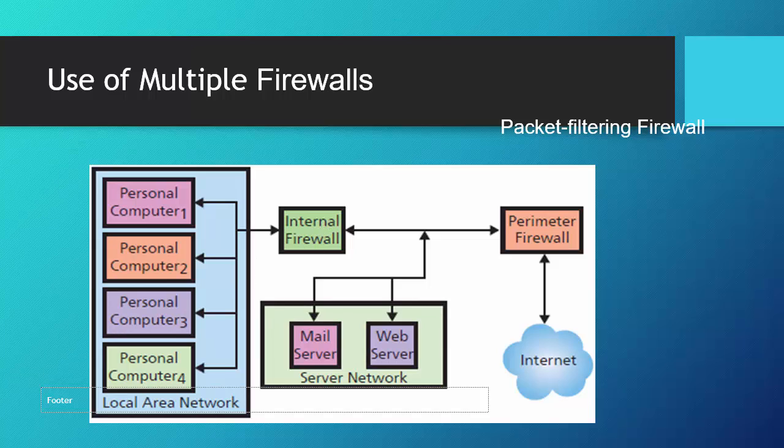So, you know, you might have multiple firewalls that are for different departments and so on. And you may not even realize it, but if you have a router at home, you may have your own firewall there as well. Notice here that we have these server networks. They probably should have a firewall for them as well.